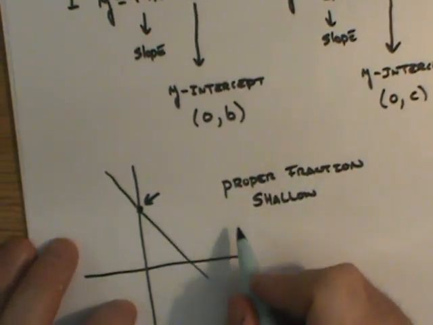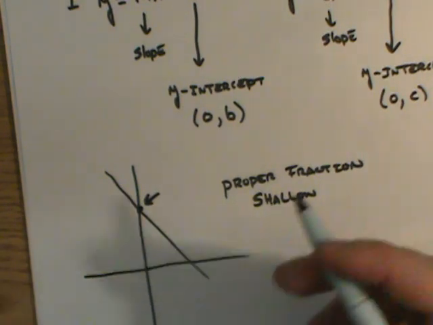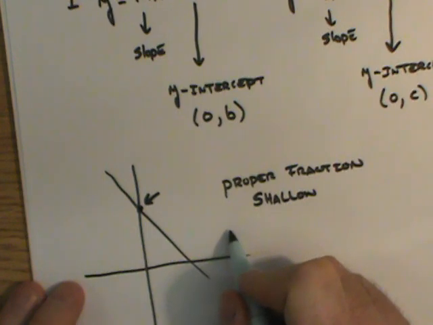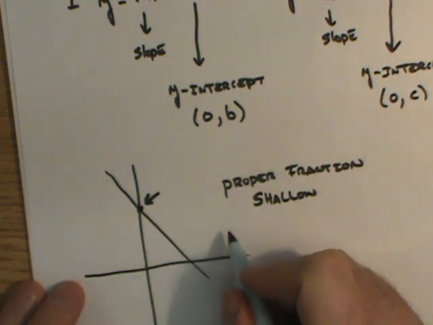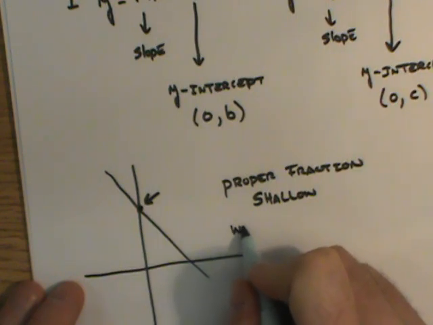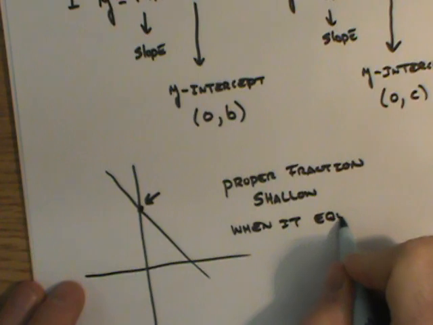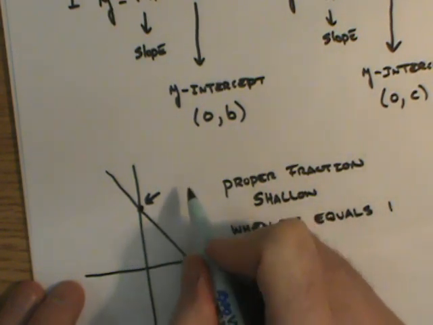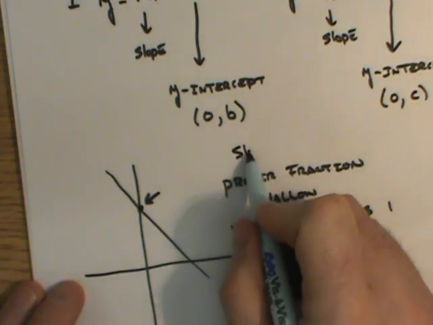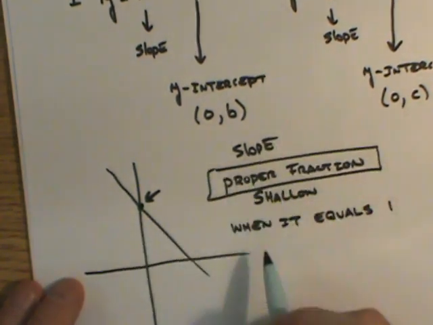If it's equal to 1, so you have something like 12 over 12 or 5 over 5 or 1 over 1, we would say that that has a standard pitch to it. And so when it equals 1, and again we're talking about slope. This is all slope right here. Slope is a proper fraction, will be shallow.